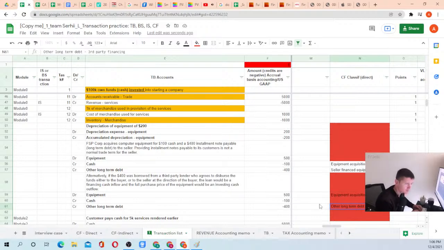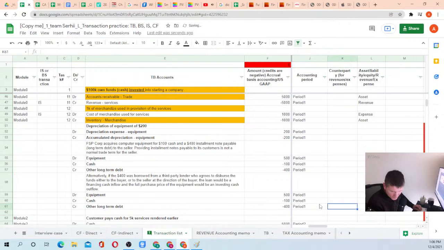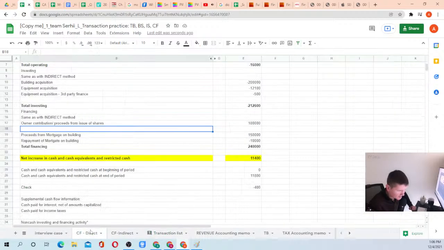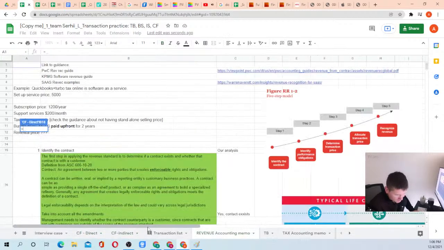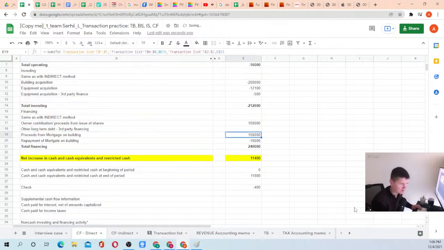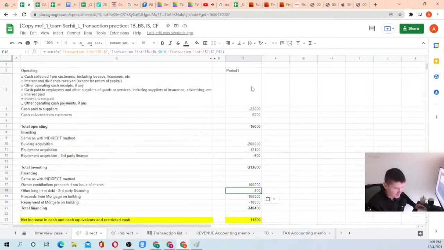Okay, other long-term debt, third-party financing. And let's make sure that we use the same caption here. Basically, by using this approach, you can solve all your cash flow questions.